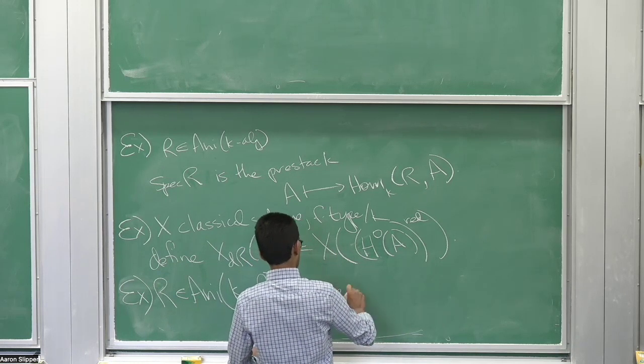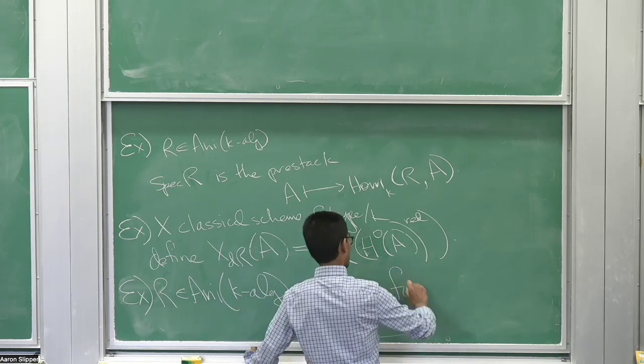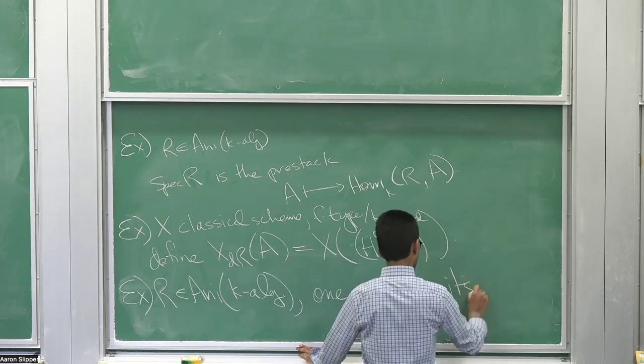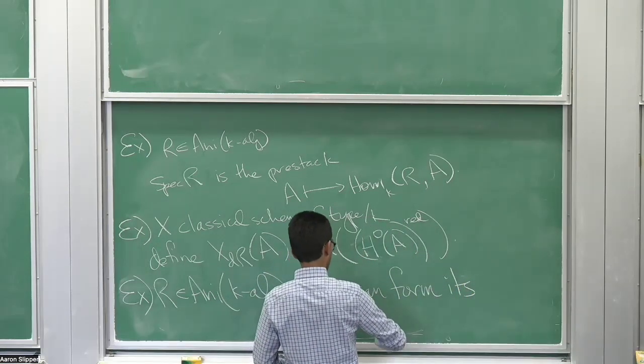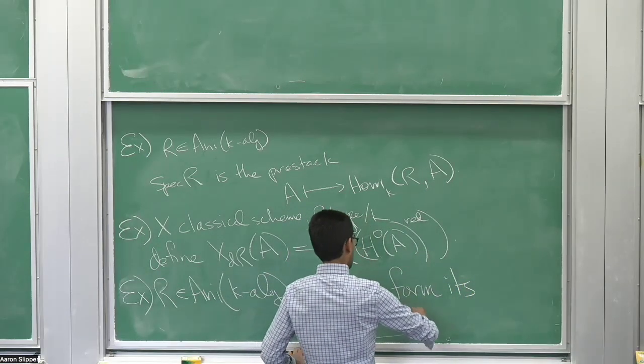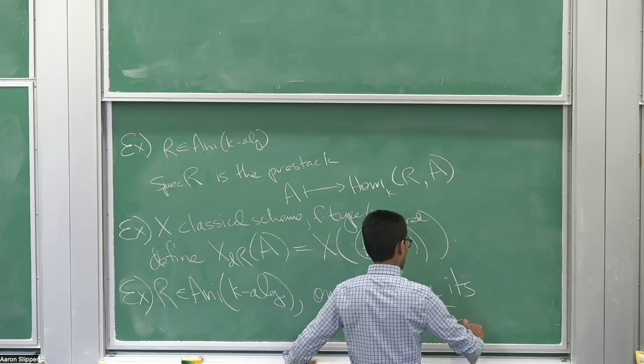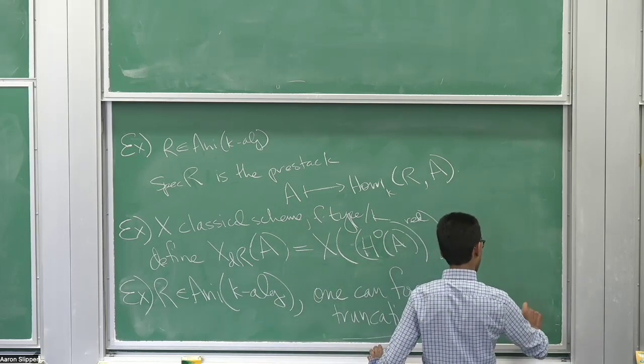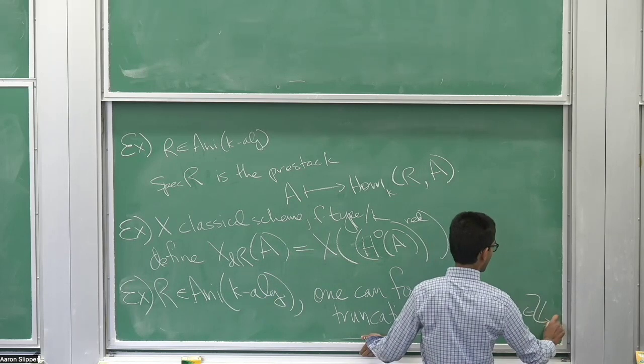So one can form its truncations, tau less than or equal to n of A, for n a non-negative integer.